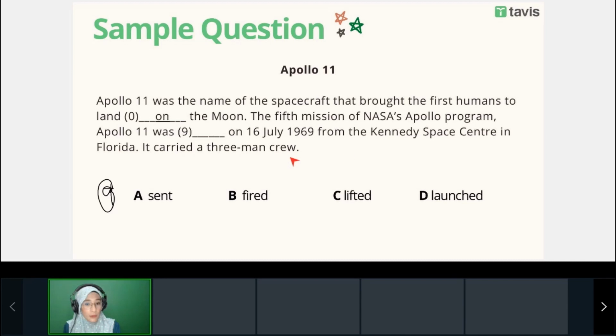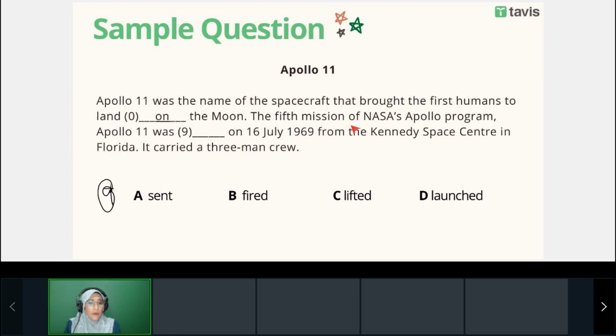So we have a NASA program, and we call it Apollo 11, and it was something on 16th July. What do you think it is? Can you all see from the options given? Try and use the match.